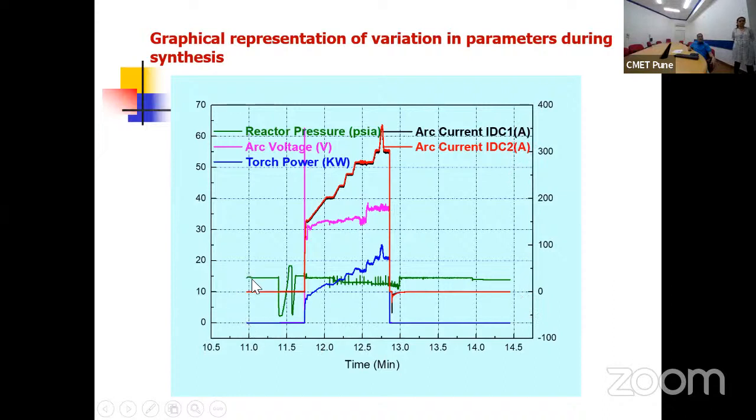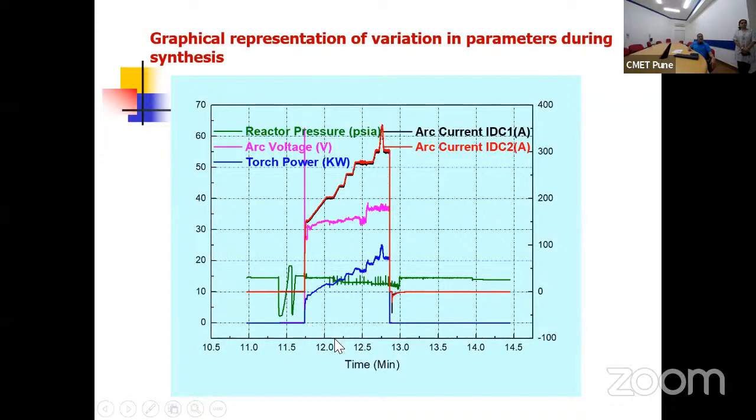So before starting the plasma, initially we are purging the system, and then we are starting the plasma at 14.5 psia, and then we are putting the power, and then systematically increasing the power to melt, then homogenize, and then evaporate the material.